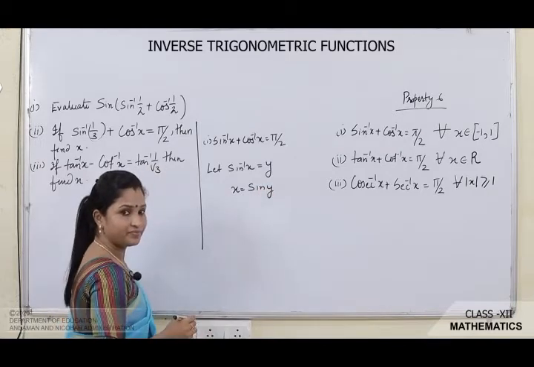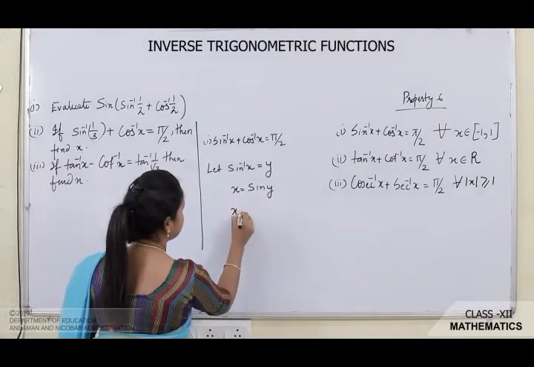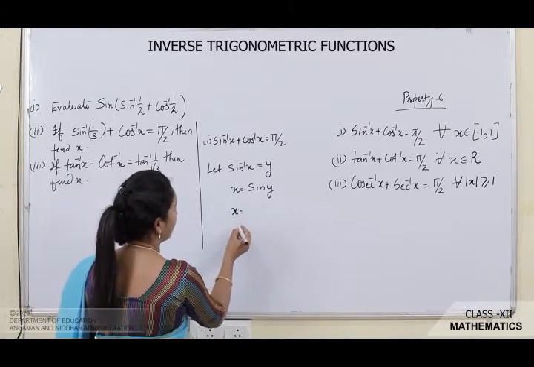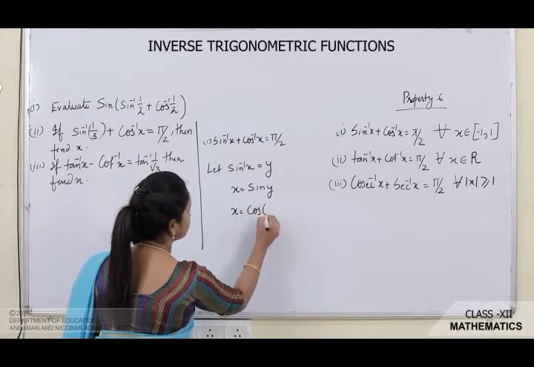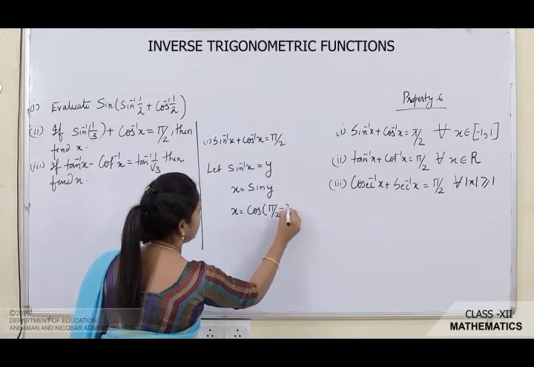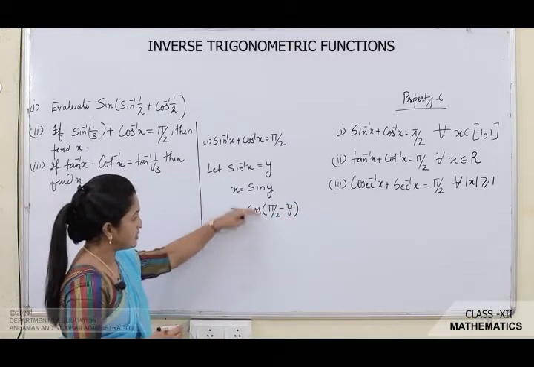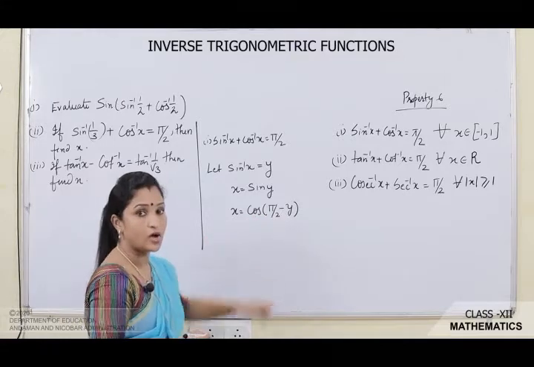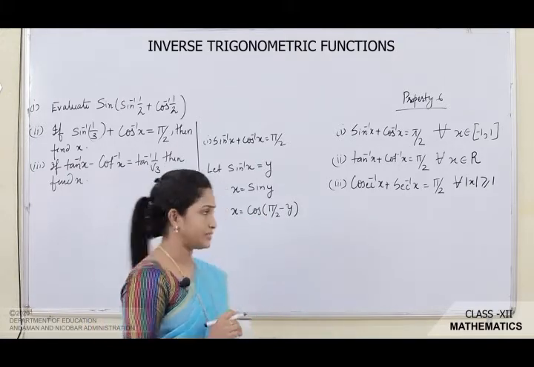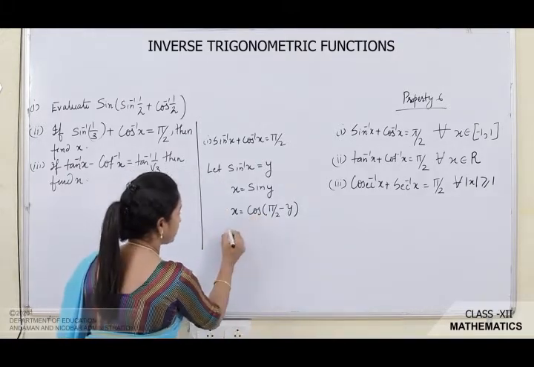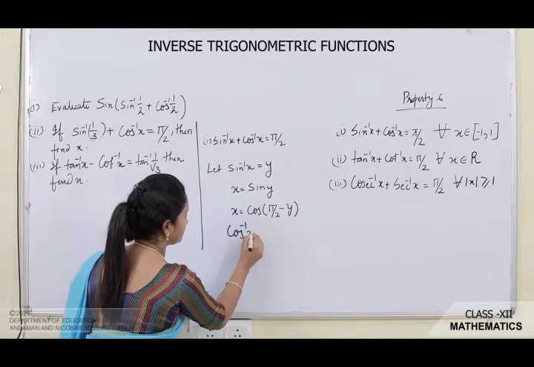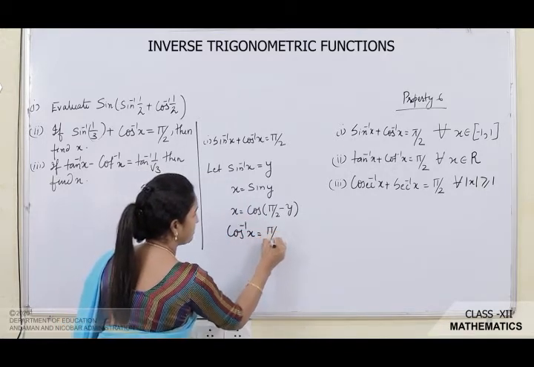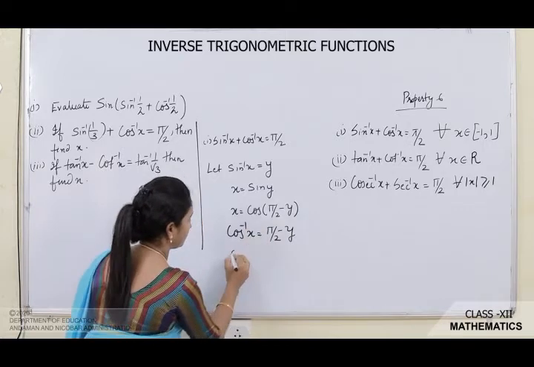Sin y, correct? Now x is equal to sin y can be written as cos 90 minus y. We know this formula. Sin y can be written as cos pi by 2 minus y, because cos 90 minus theta is sin theta. So when you take cos to this side, it becomes cos inverse x is equal to pi by 2 minus y.